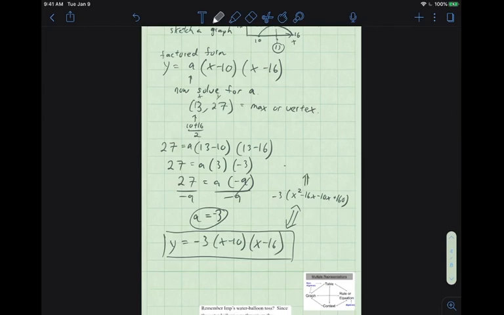So that becomes negative 3x squared plus 48x plus 30x minus 480. Yeah, so we simplify that once more. This is our standard form equation.